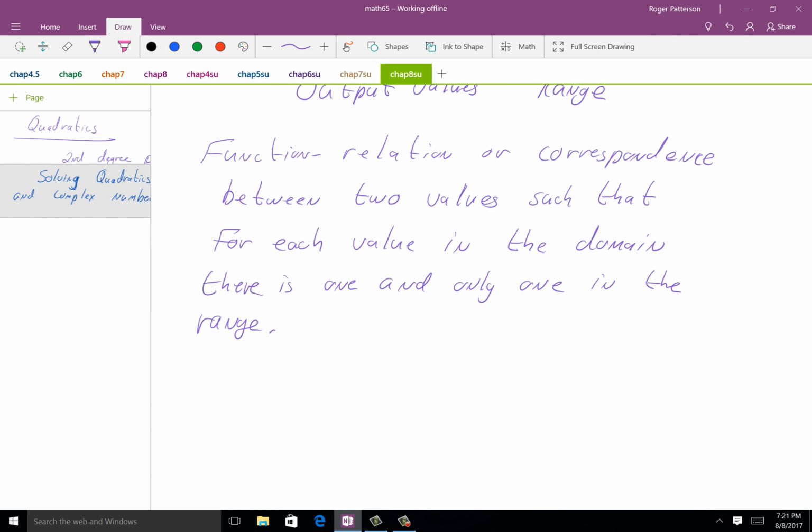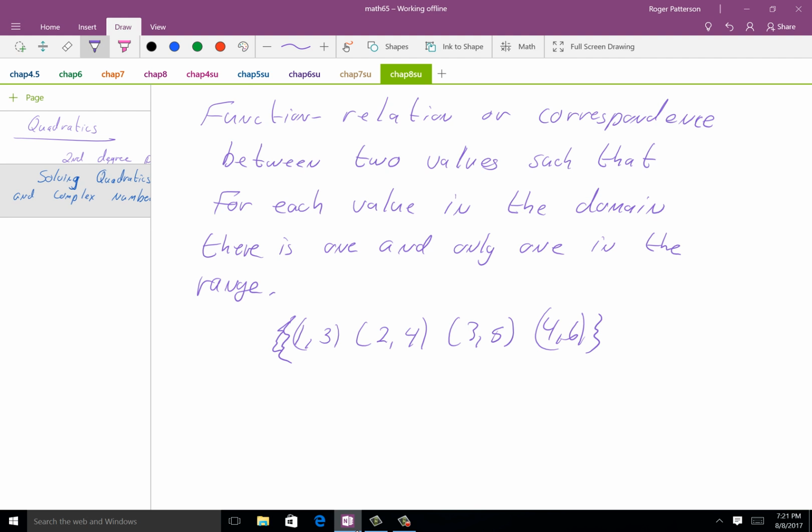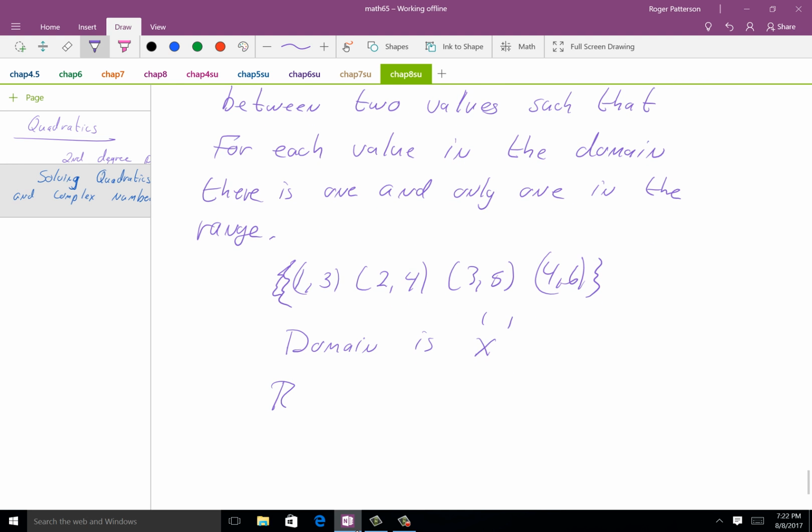And a number of times, if you're even looking at your final reviews, which I set up here by the way, they'll write functions using this little notation here. They'll use like a 1, 3, and a 2, 4, and a 3, 5, and a 4, 6. So, the domain is always the x values and the range is always the y values.